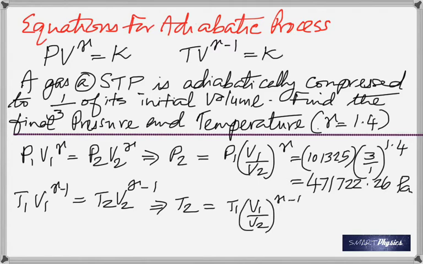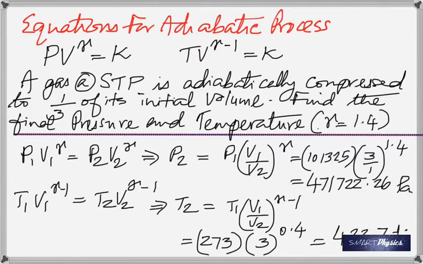Again, V1 by V2 is 3. So it's going to be 273 times 3 raised to 0.4. Why? Because it's 1.4 minus 1, isn't it? When you do that, you get 423.7 Kelvin.